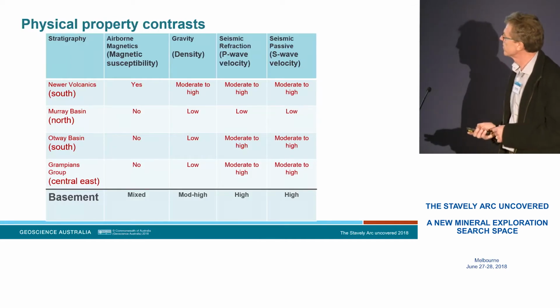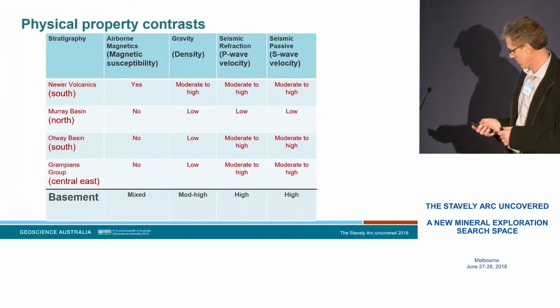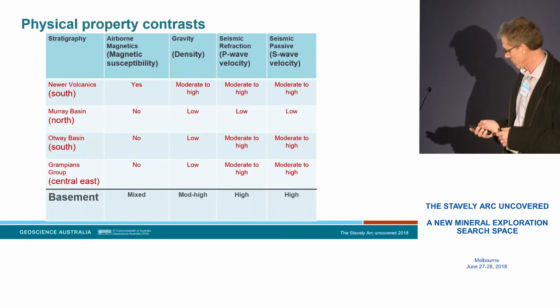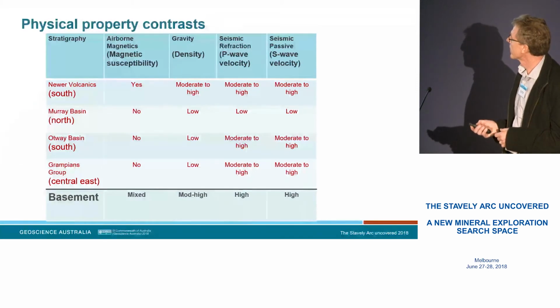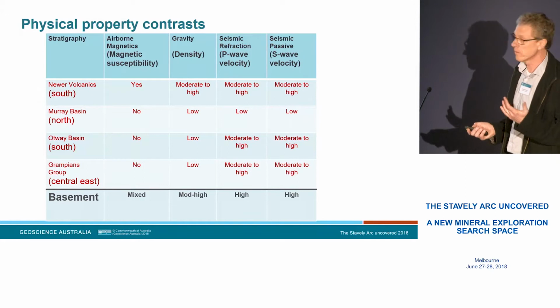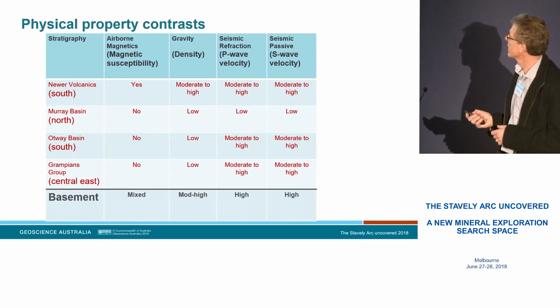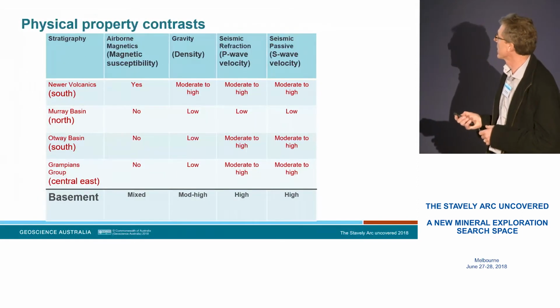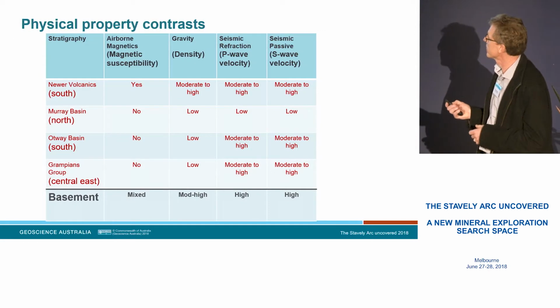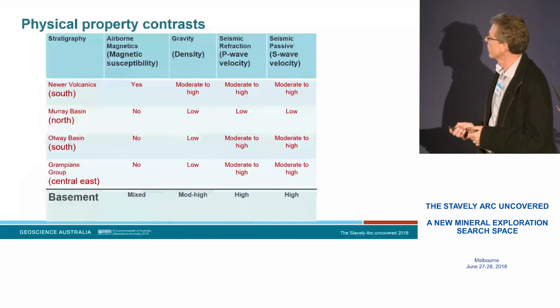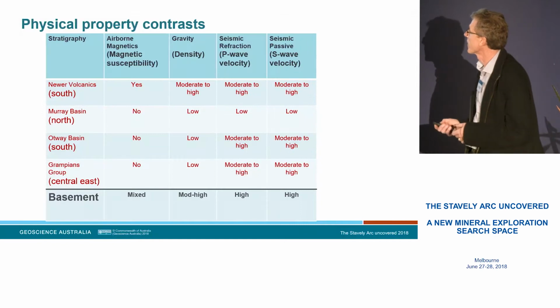Okay, so looking at the physical properties of the various cover and basement units. So basically you want a large physical property contrast for any of these methods to work. So if you look at the Murray Basin, if you're looking at magnetic susceptibility, density, P wave, S wave velocities, they're all low, which is great because the basement is generally high. From a magnetic modelling point of view, you want to have magnetic anomalies in your basement.